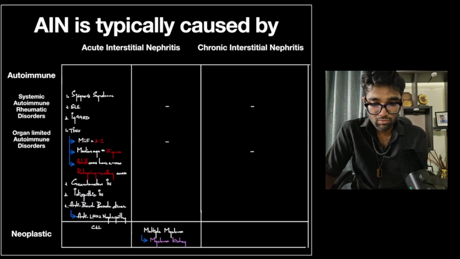So this is the prototype of our interstitial nephritis secondary to tubular obstruction by a protein getting deposited within the lumen.